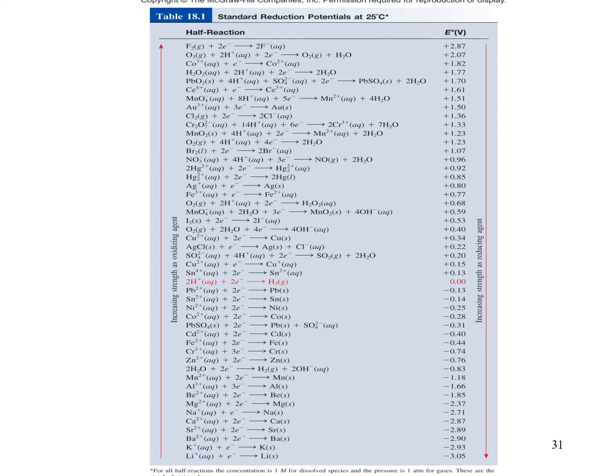So the diagonal rule says that under standard conditions, any species on the left of a given half cell reaction, so if this is the species, let's say, will react spontaneously with the species that appear on the right of a half cell reaction below it. So this will react with anything spontaneously that's on the other side of the reaction.